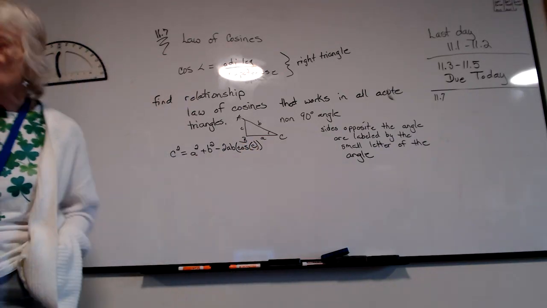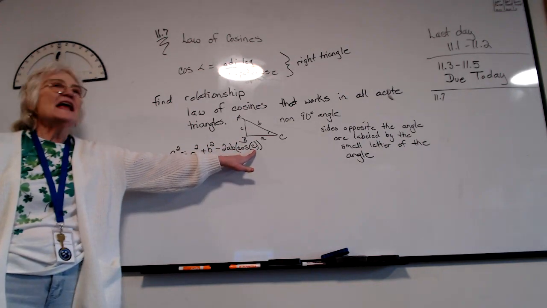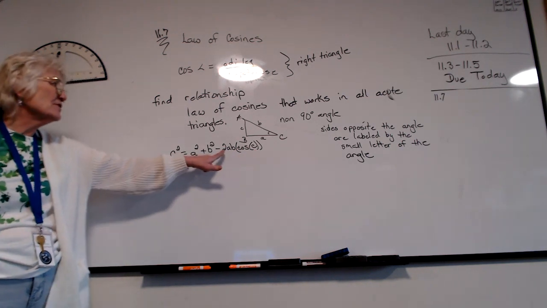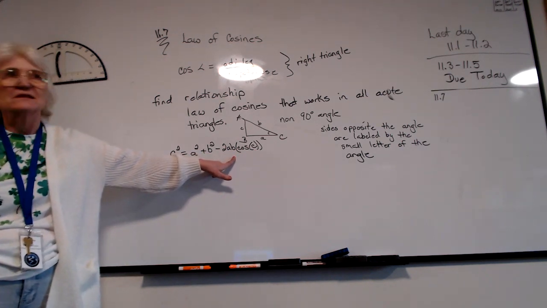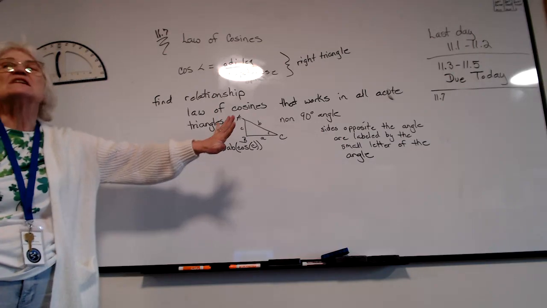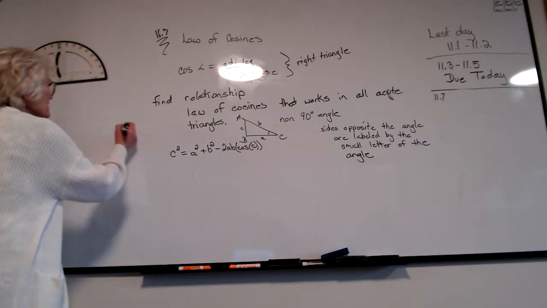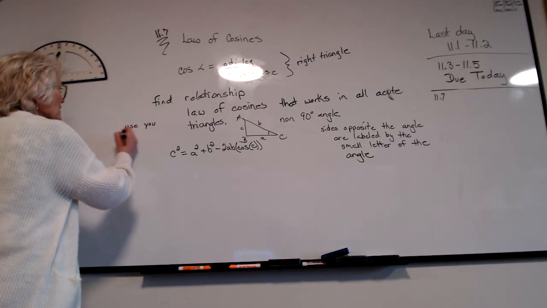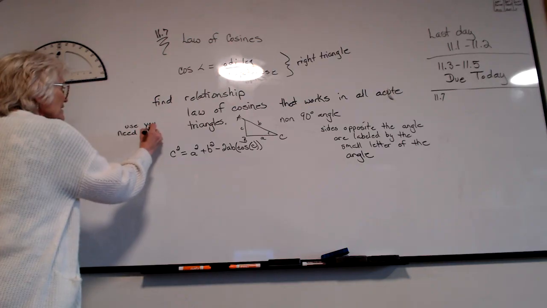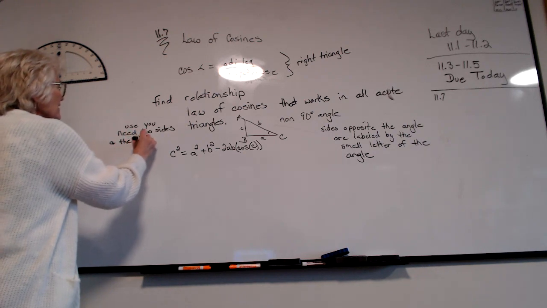Okay, that's a lot of stuff right there, but it does work in every triangle. Now, you have to at least know the angle here, and you have to know at least a couple sides before we can really use this. Now if I knew two angles, we could get the third angle, and then we would use a different scenario, the law of sines. For this one, you need two sides and the enclosed angle.